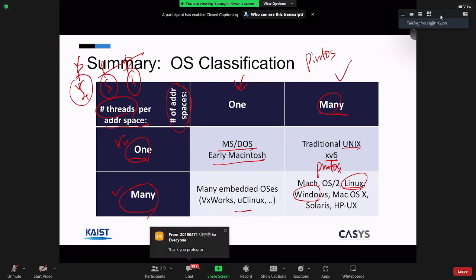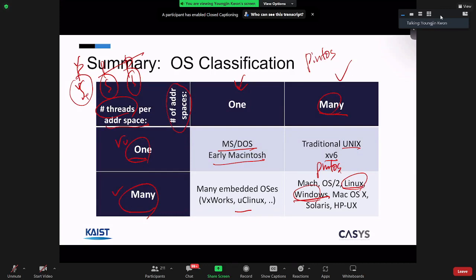Does Windows have a different virtual memory for each process? Yes. Like Linux, in Windows each process has a different virtual memory. Modern Windows, that is, after Windows 95.